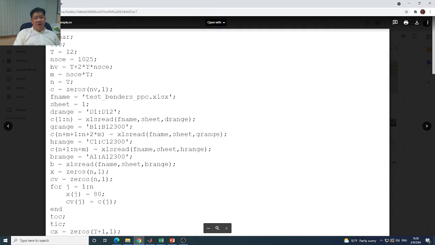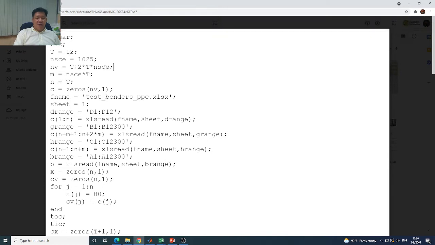Therefore, the number of variables NV is T plus 2 times T times NSCE. T is the number of x, x1 to x12, and 2 times T times scenarios, because we need T constraints to balance left-hand side and right-hand side for each scenario.